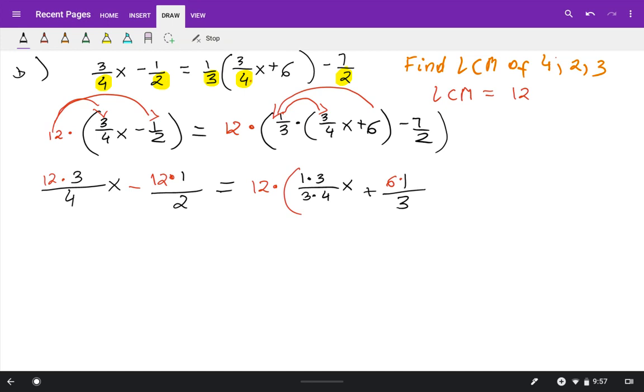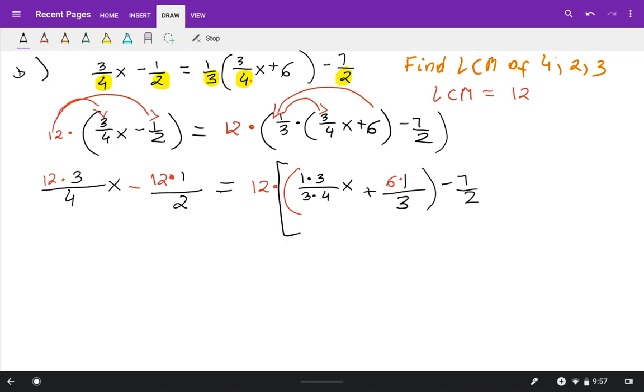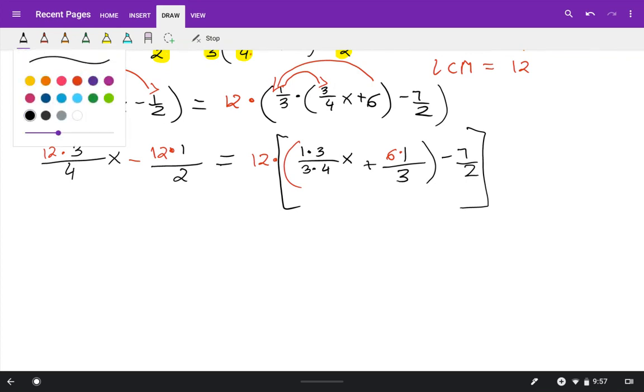And then I copy that minus 7 over 2. So I need an extra parenthesis right here. Okay? So again, I didn't touch that 12 yet. What I did, I distributed 1/3 to the expression which I have in the parenthesis, and I copy that 7 over 2.